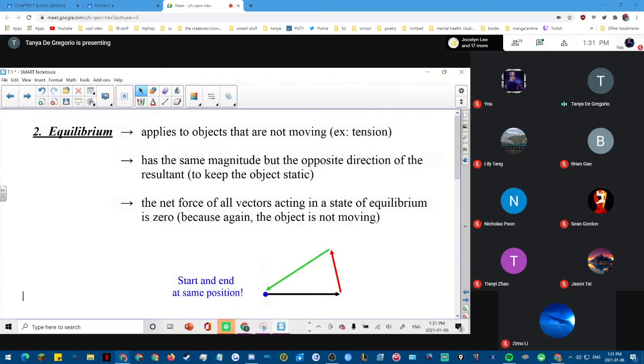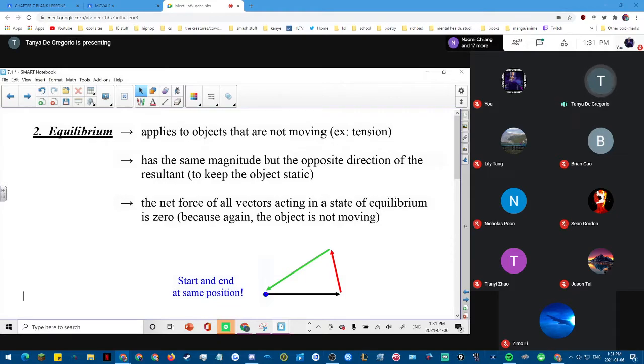All right. So now a different type of question. What about if we're talking about something being in equilibrium? When you're talking about objects that are in equilibrium, it means they're not moving. So it means you're applying some sort of tension. An example of this is when you're hanging something from 2 ropes. That's a good example of something being in equilibrium, and so the object doesn't move.